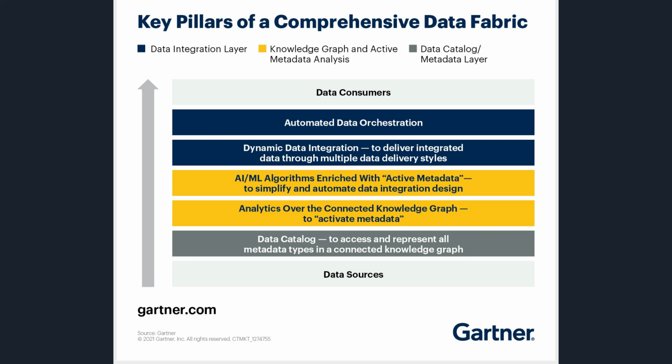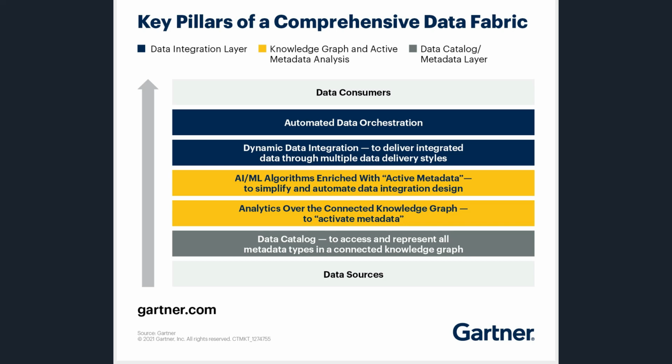In the previous slide, I spoke about embedded AI/ML and connected knowledge graph or semantic knowledge graph. So we will have a data catalog which represents all the metadata for wherever the data resides, and that metadata is represented in a connected knowledge graph.